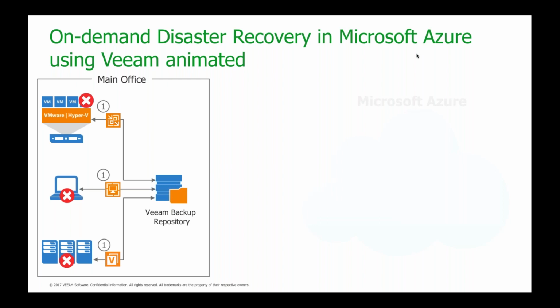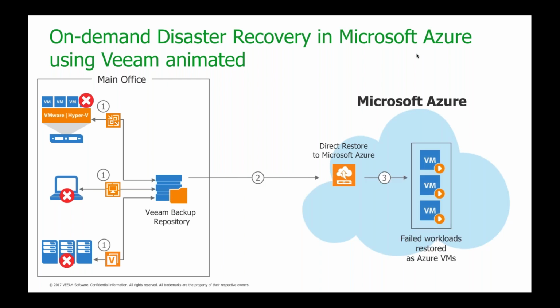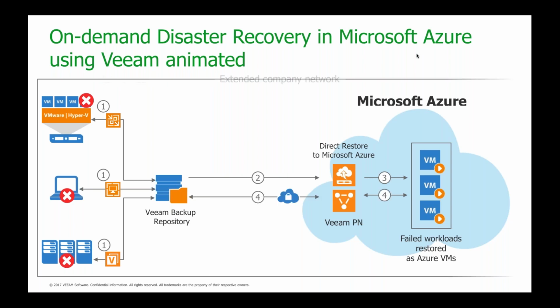If we ever were to lose any one of these workloads, we've now got a solution where we could fire up Microsoft Azure, use Direct Restore to Microsoft Azure to restore the VM into Azure, have them running, launch a VPN hub server, create a VPN site-to-site, and extend that company network. That's one particular use case.